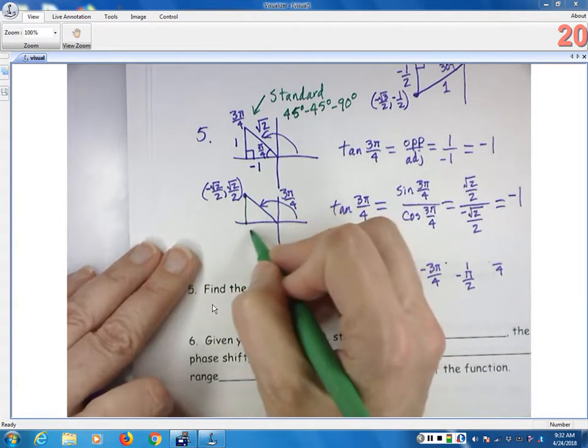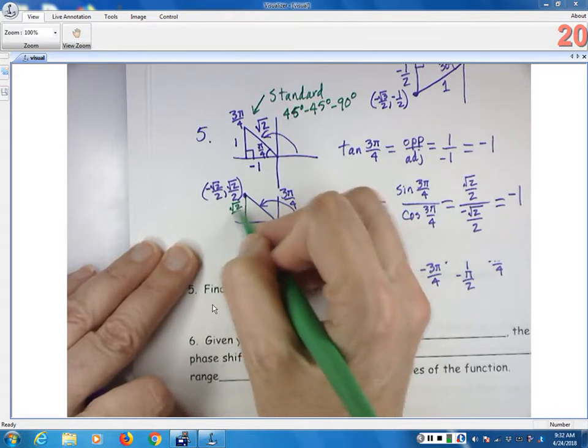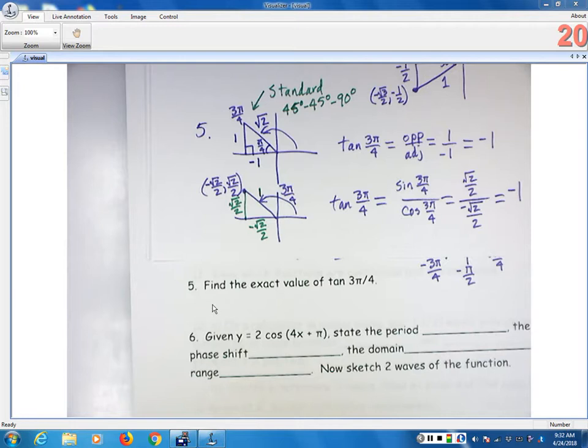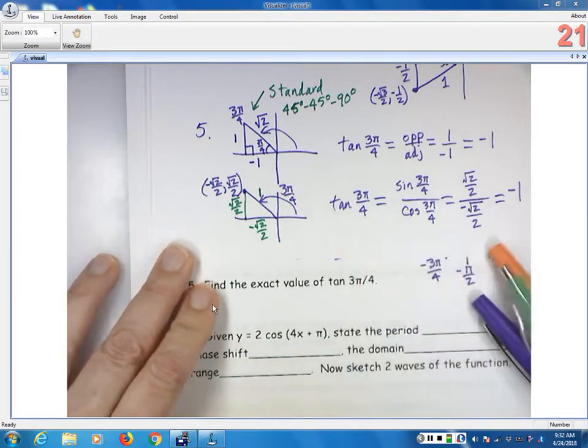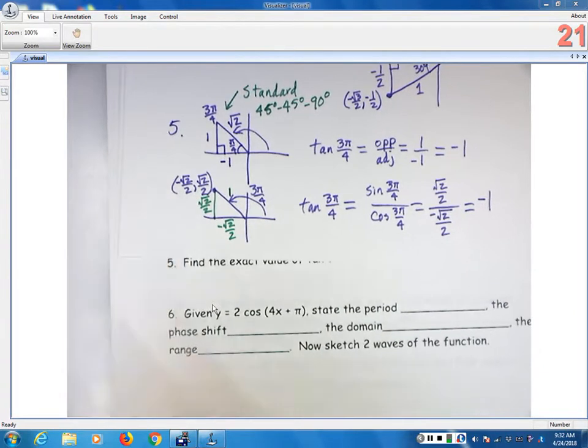You have negative square root of 2 over 2, square root of 2 over 2, and 1. How do you get 1, a radius of 1, to make it the unit circle? You got to divide everything by the square root of 2. So that's how you get back and forth between those. So if you can't remember the standard, I will take this also, but it's a little more work. But if you like that way, or you like that way, don't you?